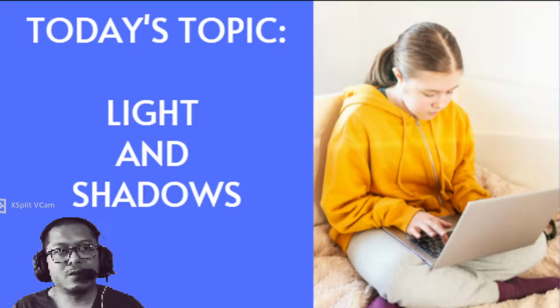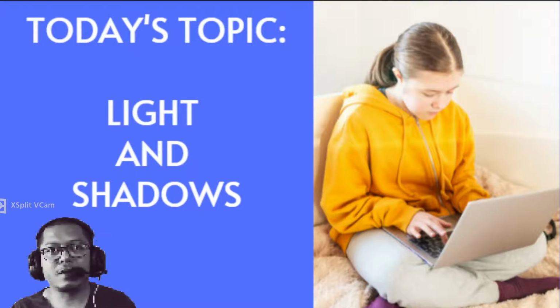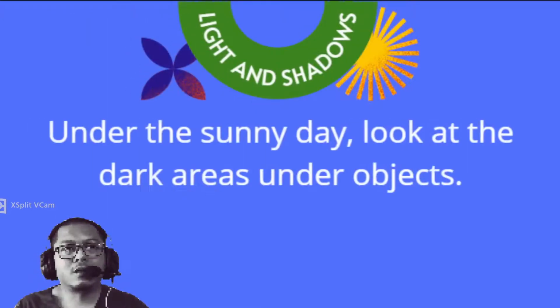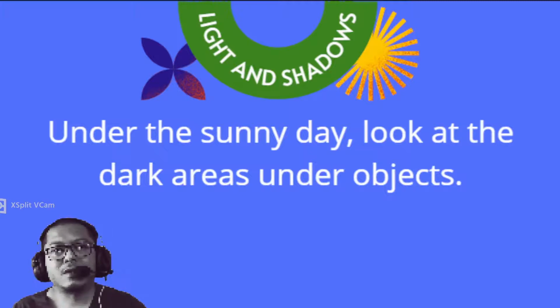Okay, today's topic is light and shadow. Before, we talked about light and colors, now we talk about light and shadow. And what is a shadow? On a sunny day, look at the dark areas under objects, any kind of objects outside your house: trees, plants, gates, houses, cars, and you will see dark areas.